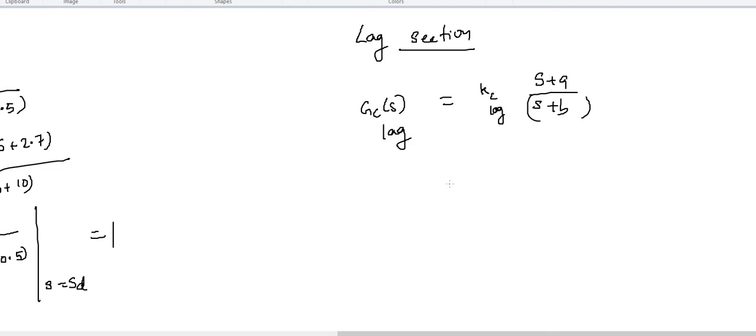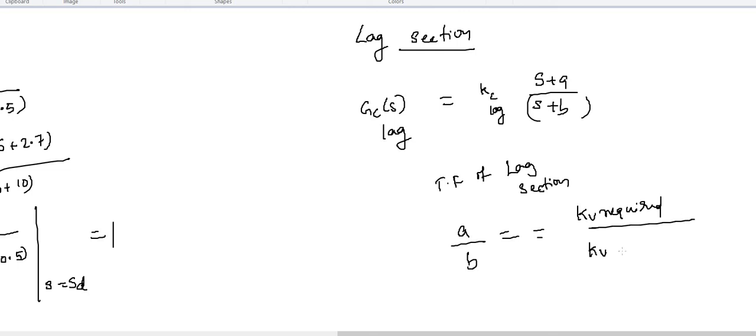So now we will focus on finding the transfer function of the lag section. a by b, where a represents the zero of the lag section compensator and b represents the pole, is equal to the required Kv divided by the Kv of the system now.